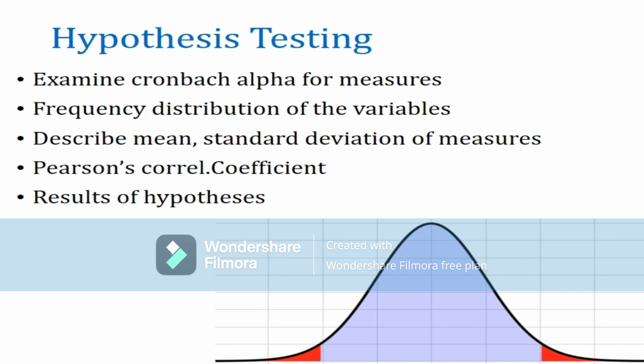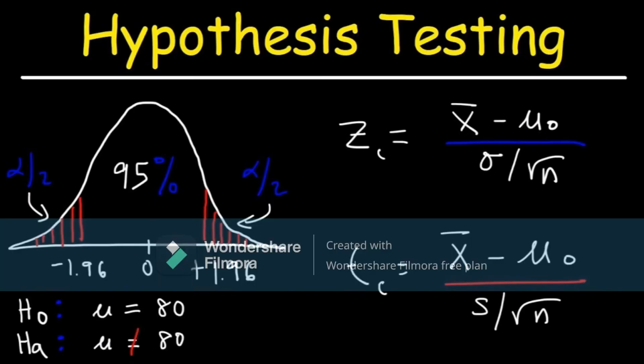Then we go for qualitative data. In quantitative data, the researcher checks the hypothesis, and the result shows whether the researcher's hypothesis is accepted or not accepted.